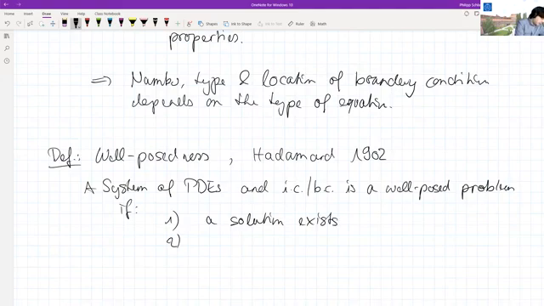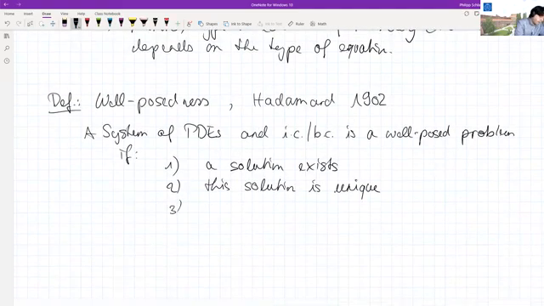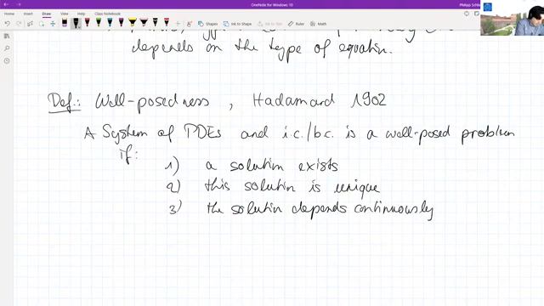B, this solution is unique. And third, that the solution depends continuously on the initial conditions and boundary conditions. That is essentially when we talk about a well-posed problem.